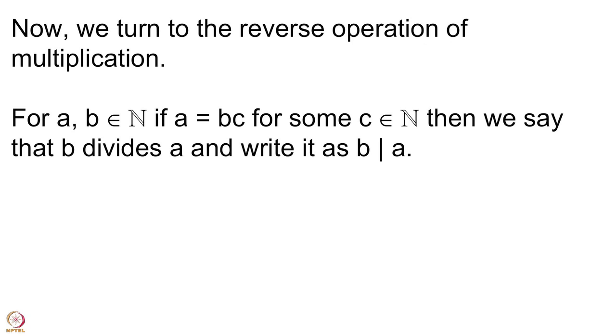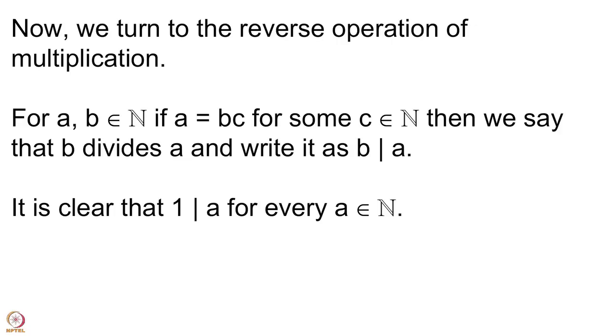Okay. So what we have seen until now will tell you that 1 divides every natural number. Of course, you can write A as A into 1. So it follows that 1 divides A for every natural number A. But when you write A as A into 1, you can also use the same equality to say that A divides A, because you have written A as A into some other natural number.